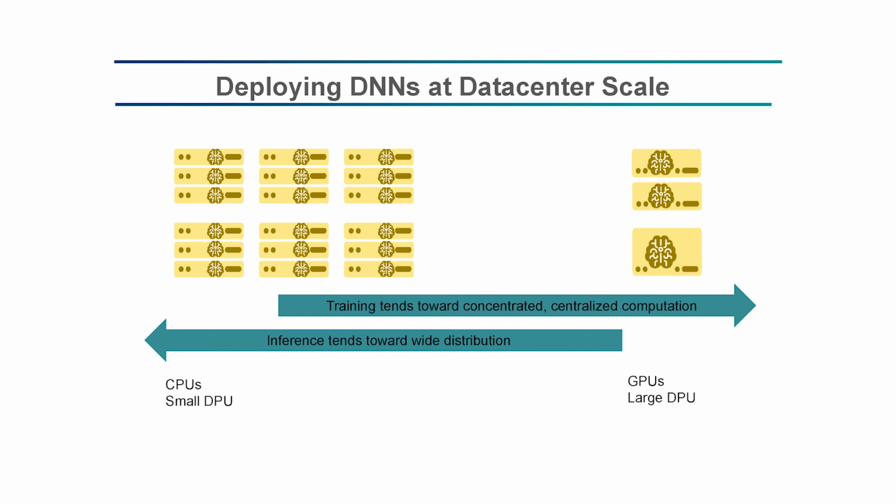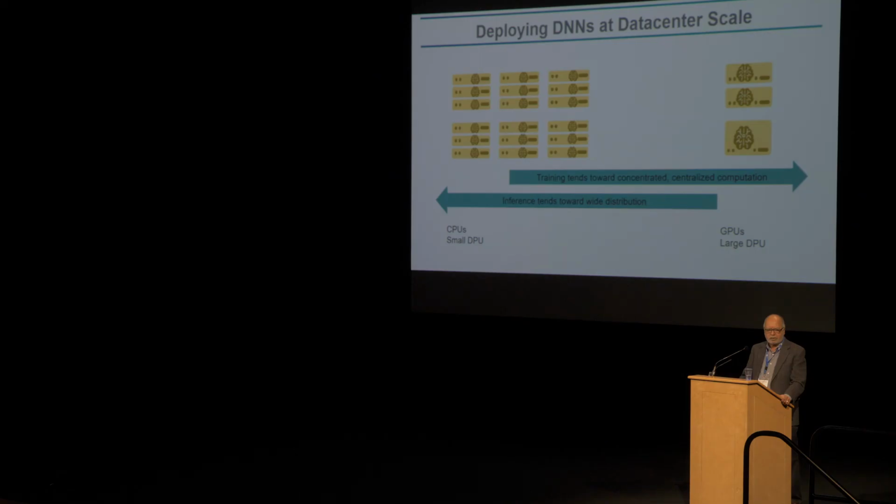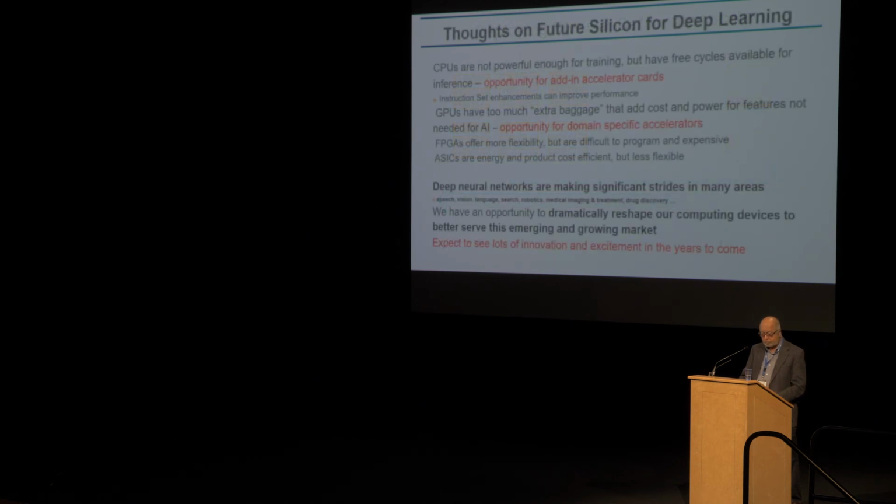On the training side, it's okay to have a power hog GPU or a large DPU, which is 300 watts or higher and costs a couple of thousand dollars. On the extreme left-hand side, the power budget is probably 50 watts and costs less than $500 typically, or price.